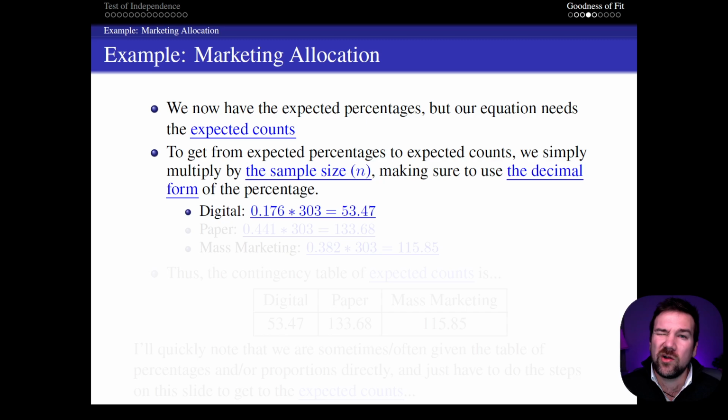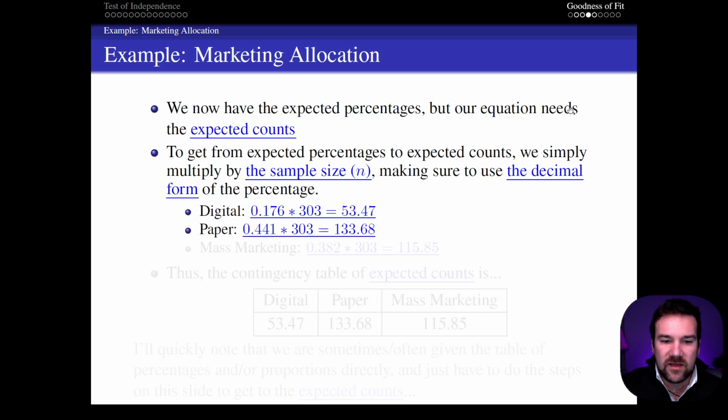So I add up all of the people from that observed table. I get 303 from the total number of people in the observed table. And from that, I get 53.47. For paper, I have 133.68.